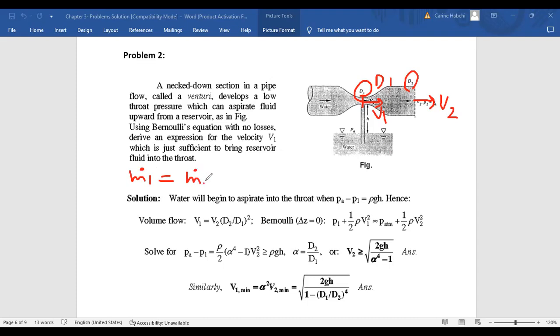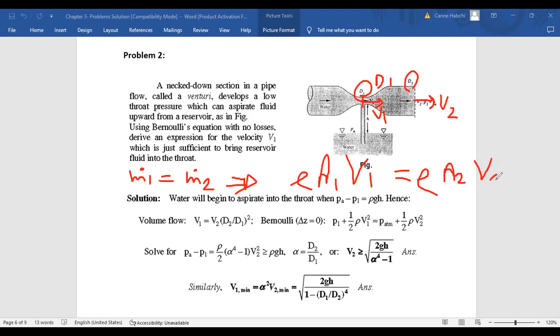And m dot is rho times A times V. So you have the density rho times area 1 times V1 equals rho A2 V2.